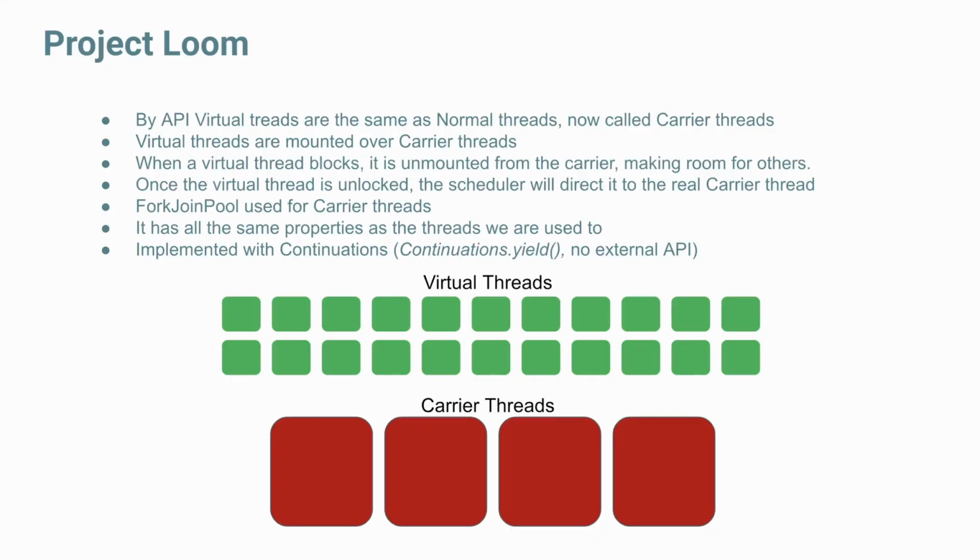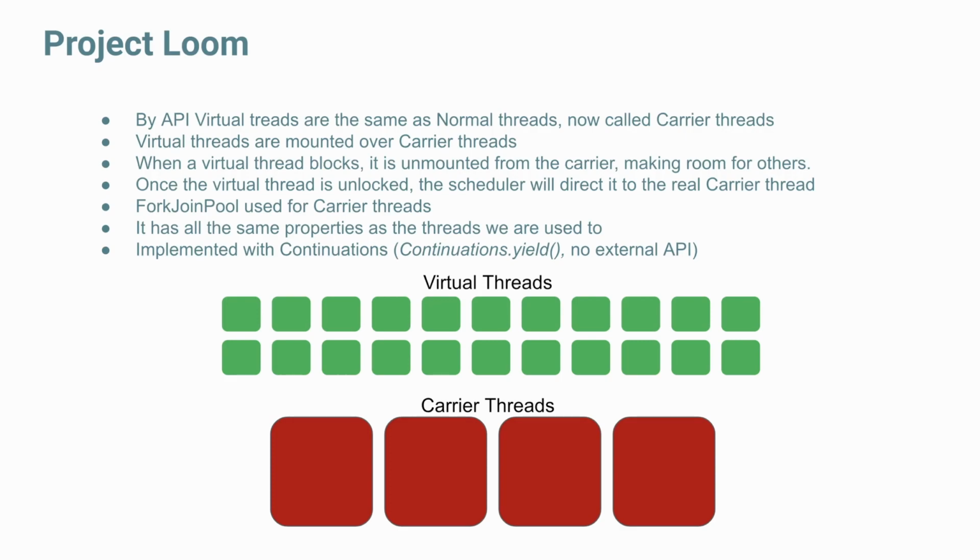As you may have heard in different presentations and conference talks that happened recently, by API, virtual threads are the same as the regular, normal threads that we used to have. In the virtual threads world, these normal threads are now called carrier threads.